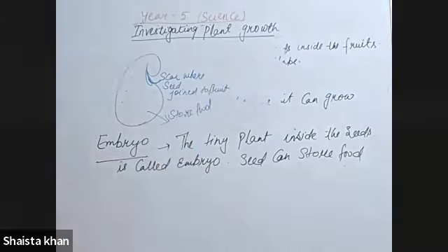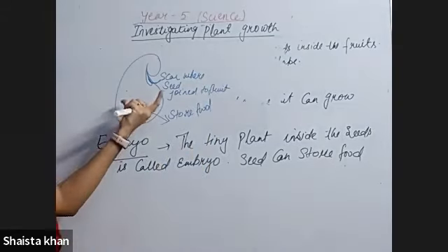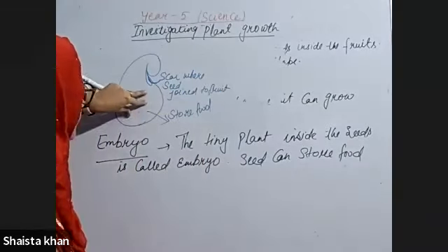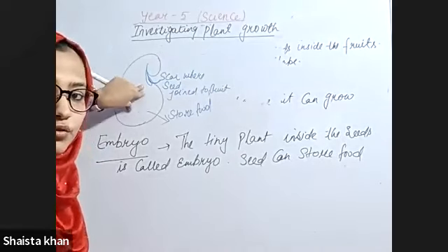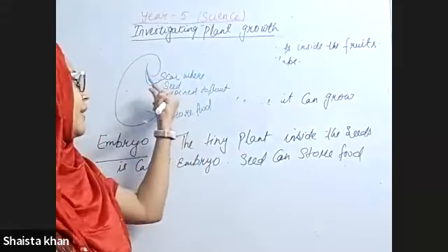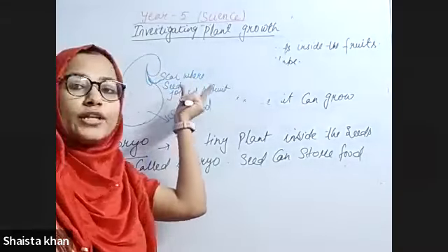Okay, it's visible. So this is the basic diagram of the seed and its food storage. Here is the place where the seed stores the food and provides it to the growing plant. This is the scar where the seed joined to the fruit.